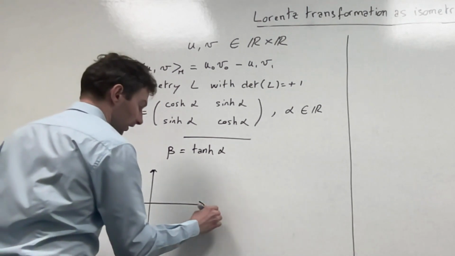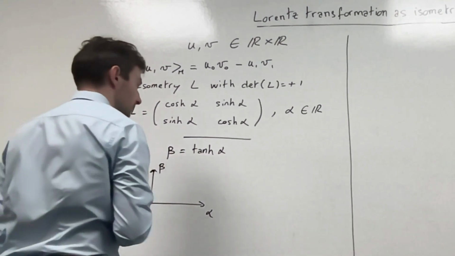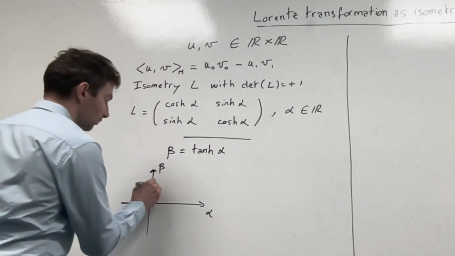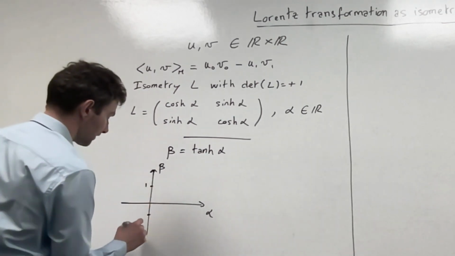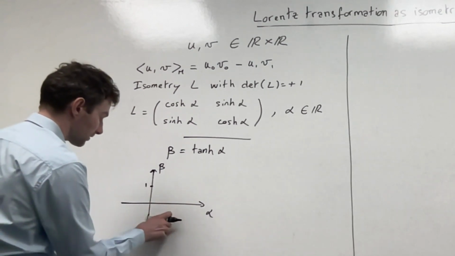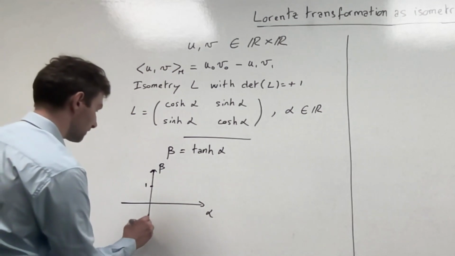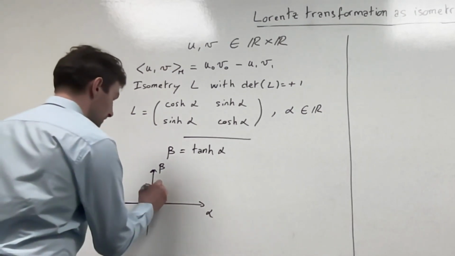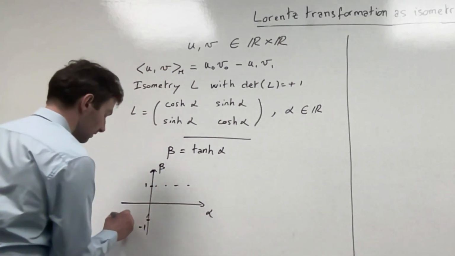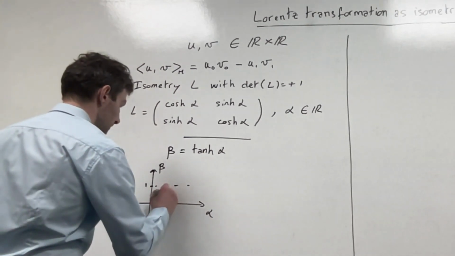So if you plot alpha on the x-axis and beta as tanh of alpha, then what you're going to have, let's put here -1, is essentially a function like this.